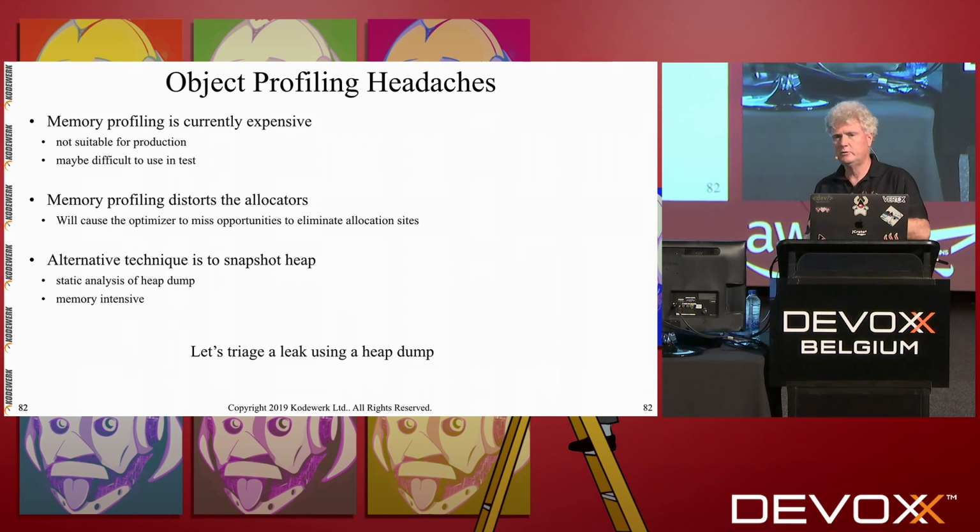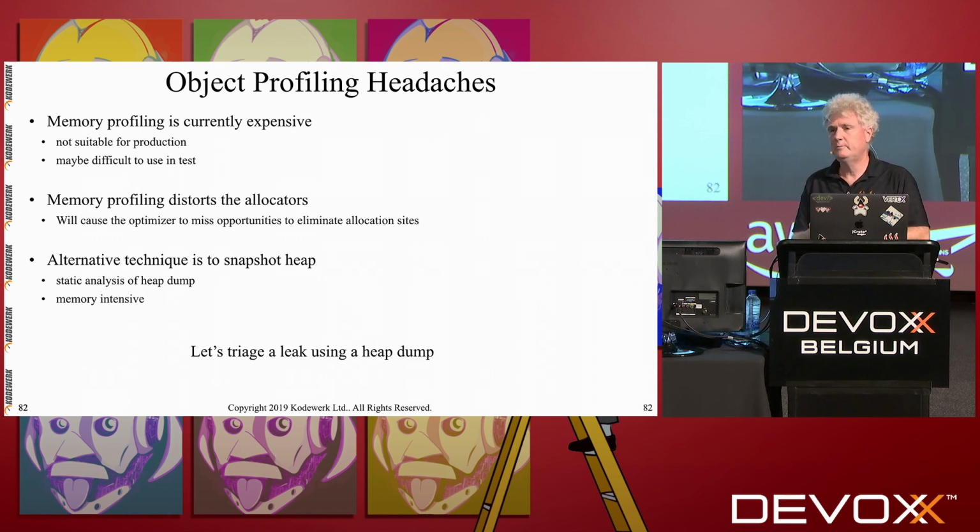You can have a full escape, which means this data can be seen by multiple threads. You can have what's known as a method escape, which means I'm going to make a call to something else, and this object is going to be a parameter to that particular call.